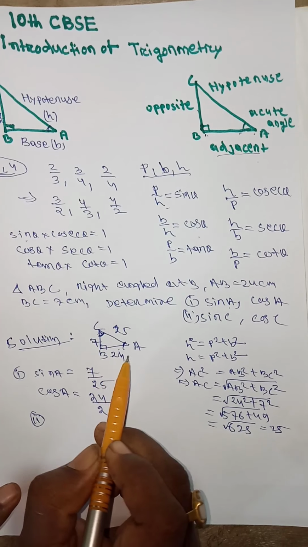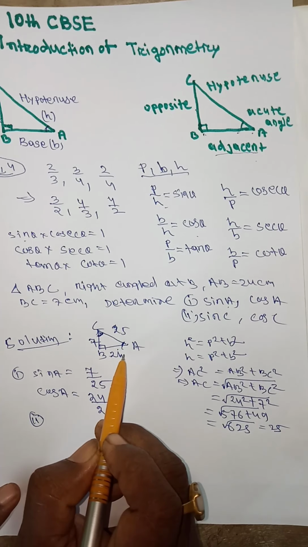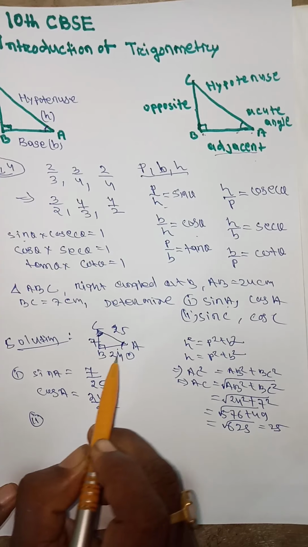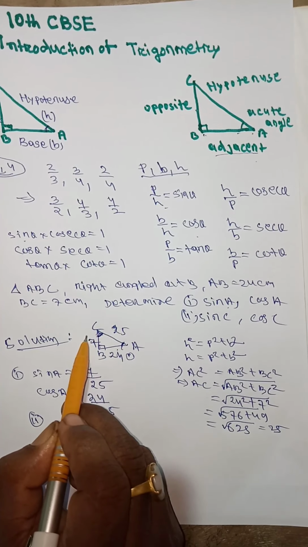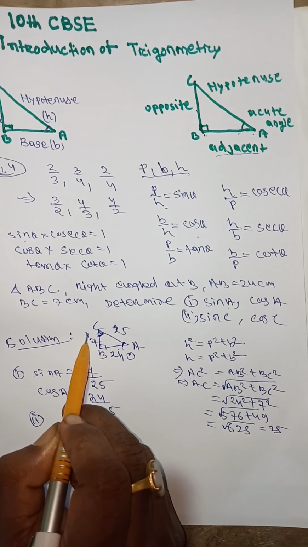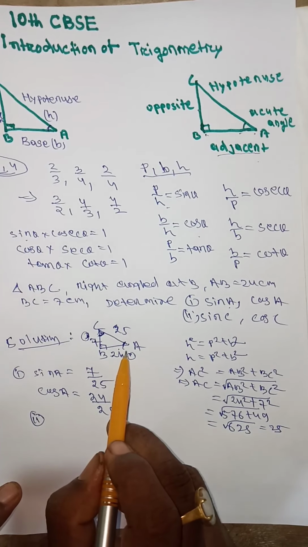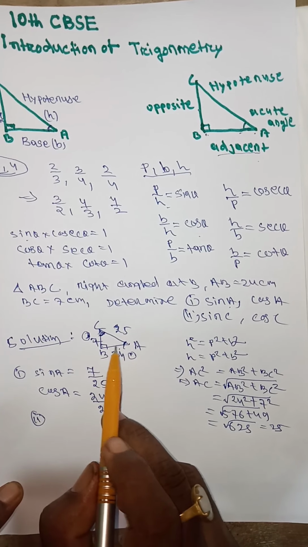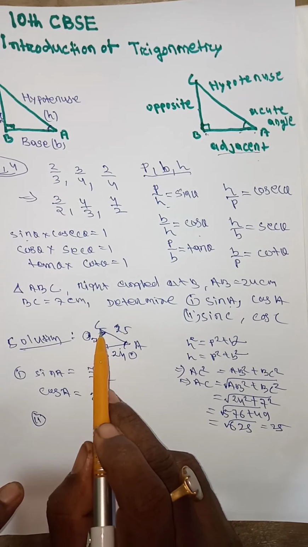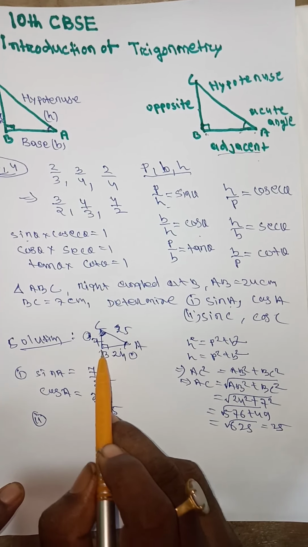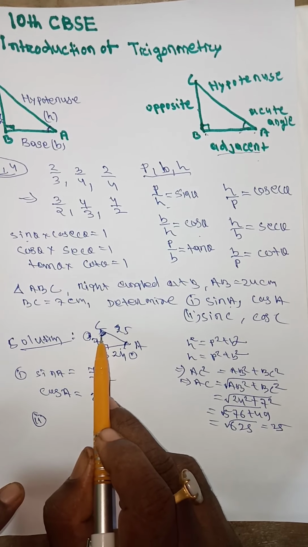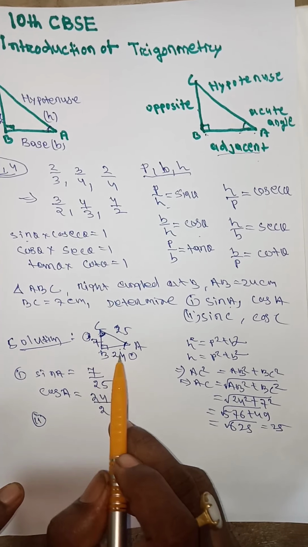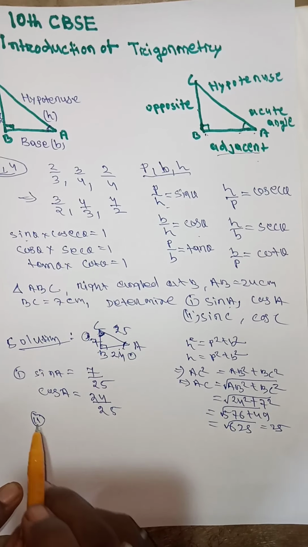So the opposite of angle C is the P, and the adjacent is the B. When A is the acute angle, then this is the P, this is the B. When C is the acute angle, P and B change. This is the P, this is the B.